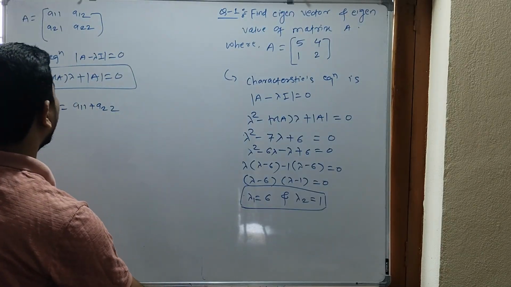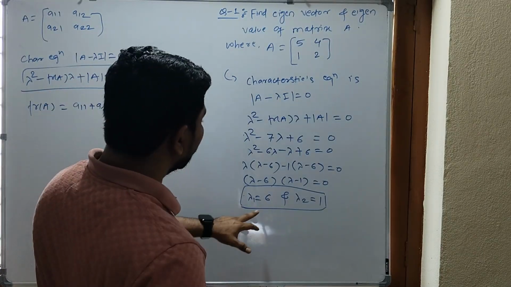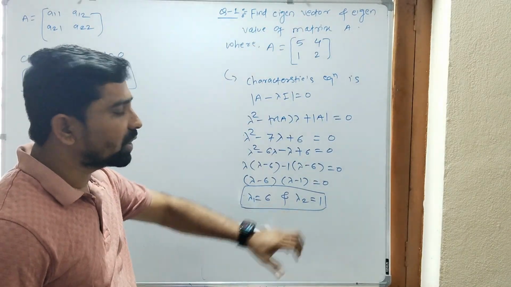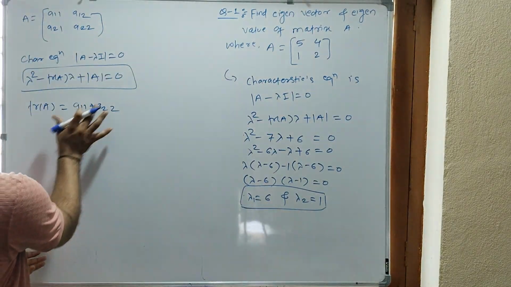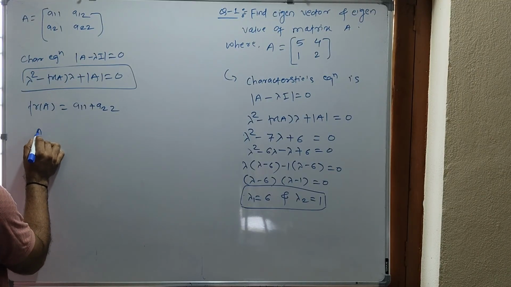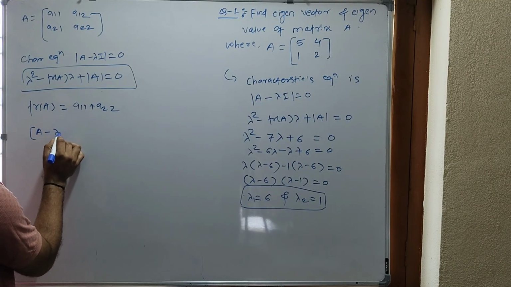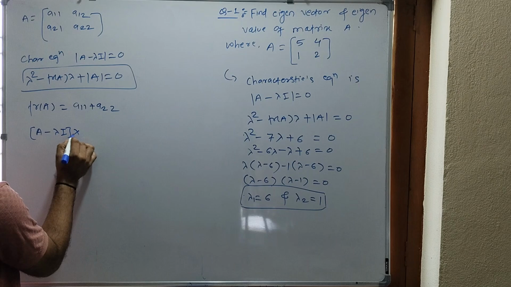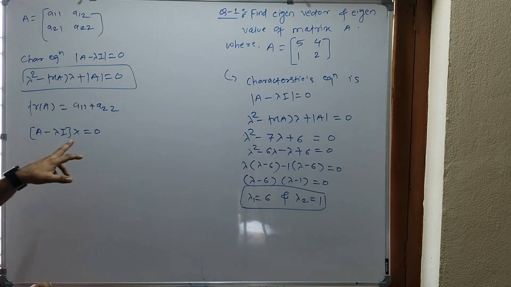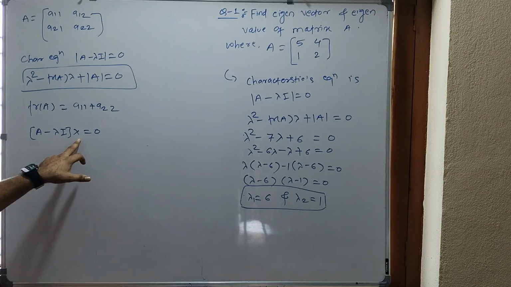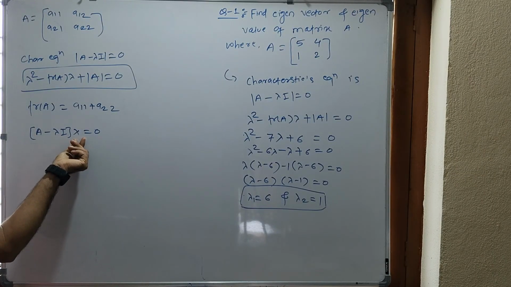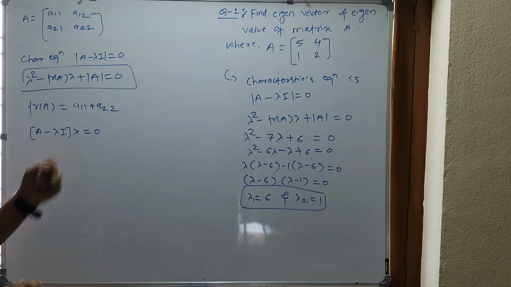Now I want to find the eigenvector corresponding to lambda 1 and the eigenvector corresponding to lambda 2. This is the characteristic equation. Now, you know A minus lambda I into x is equal to 0. Here this is the matrix and this is the characteristic vector, or we can say the eigenvector.